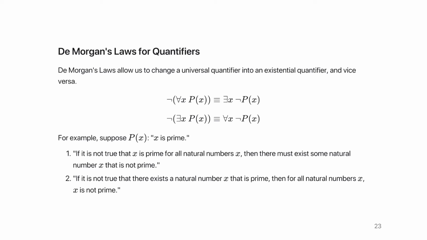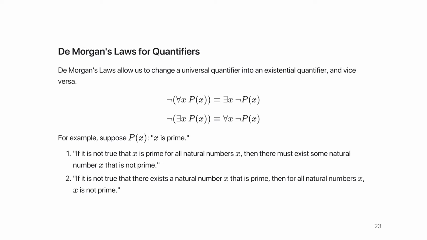So for example, the negation of for all x, P of x is true, where P of x is just some proposition, is there exists some x such that P of x is not true. And the second one says if it's not the case that there exists some x such that P of x is true, then for all x, P of x is not true.